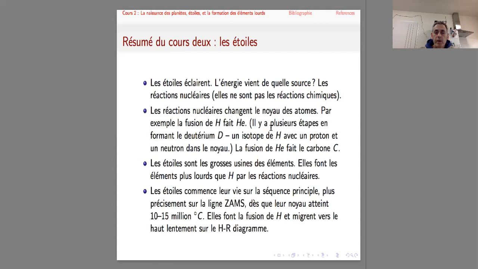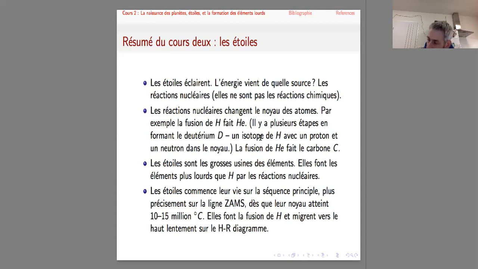When the star is first born, it's on the main sequence, and its nuclear reaction is the creation of helium from hydrogen. This happens in several steps, and we looked at one possible sequence that happens in the sun.